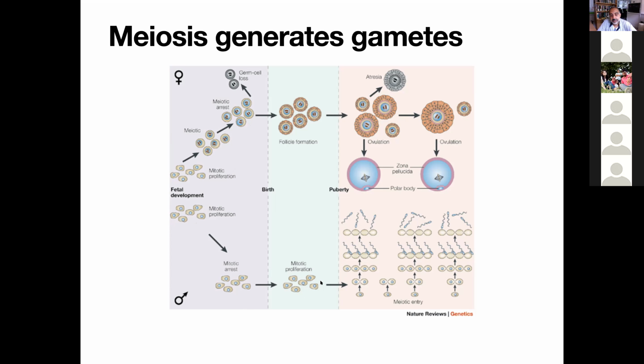You have these spermatogonial stem cells which are undergoing mitosis all the time, and they'll start to undergo meiosis to generate sperm cells. This is triggered at puberty for us and for mammals in general, and at the equivalent metamorphosis stage in other animals. This is fairly consistent in all animals.